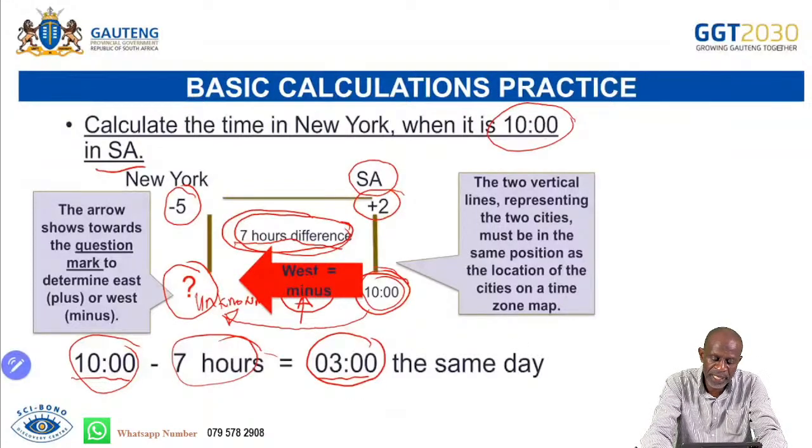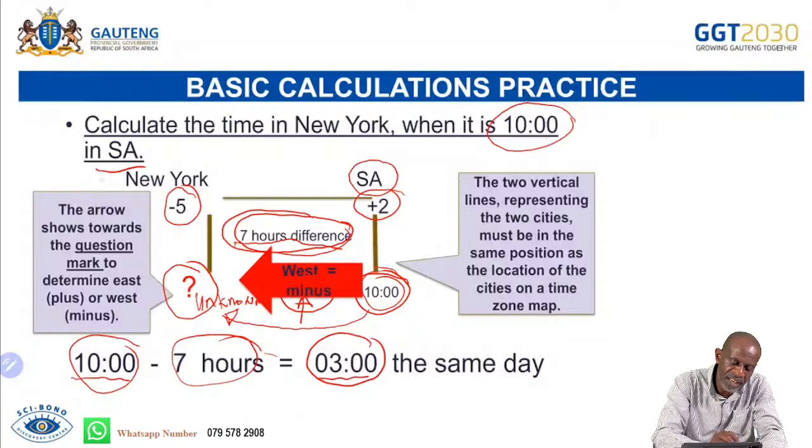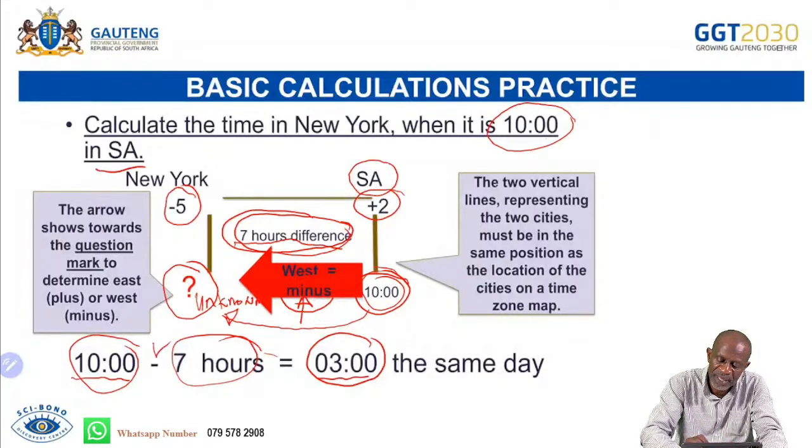Right, before we get to this one, I just need us to familiarize. I know you have read this, but let me go through them with you. The arrow shows towards the question mark to determine east plus or west minus. So in this case, the arrow points to the minus side, hence we have applied this sign.